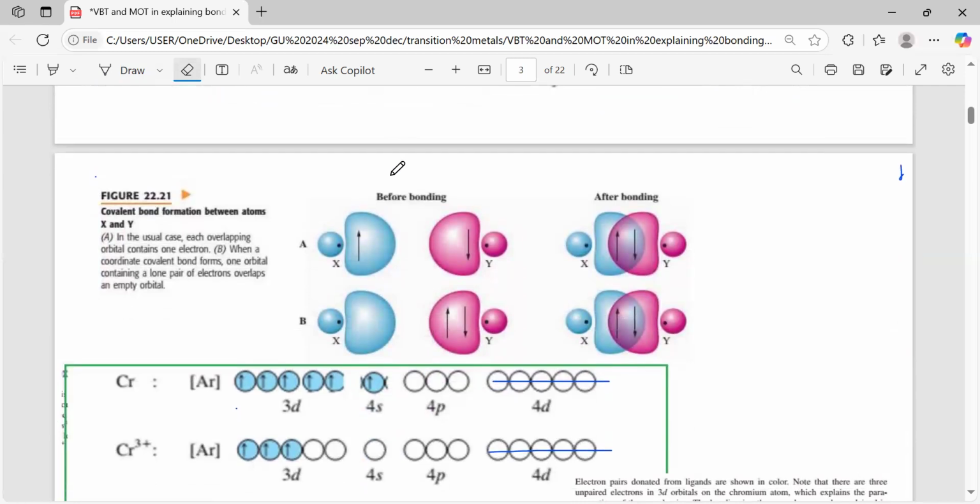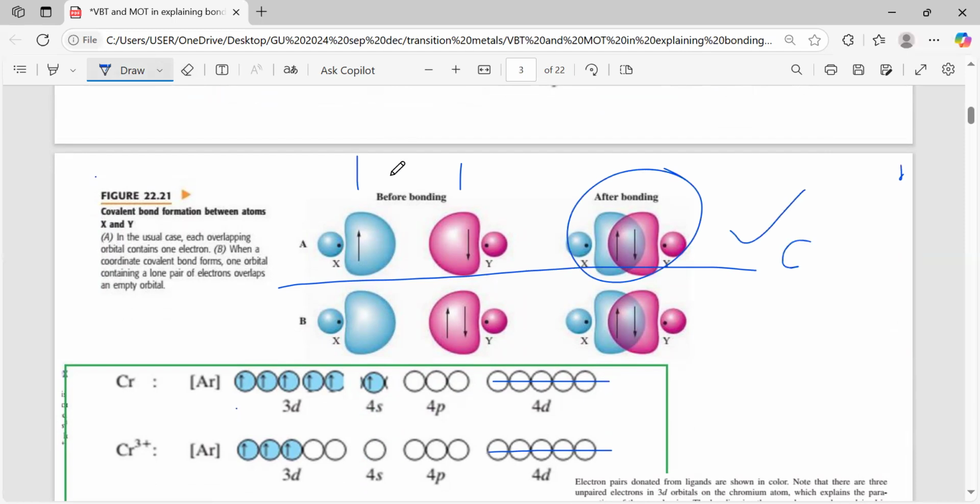What happens during bonding? When you have a covalent bond, there is equal sharing. Each gives one, then you pair. That is equal sharing, and that is a perfect covalent bond. But we have another bond whereby one gives everything, and that we call coordinate bonds or dative bonds.